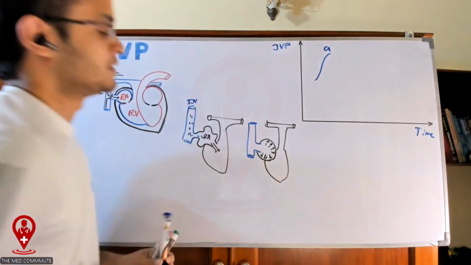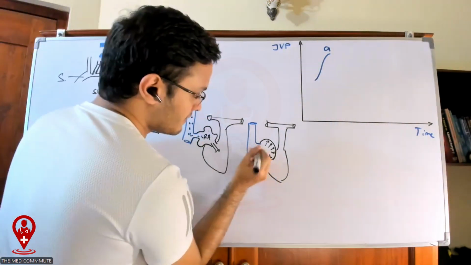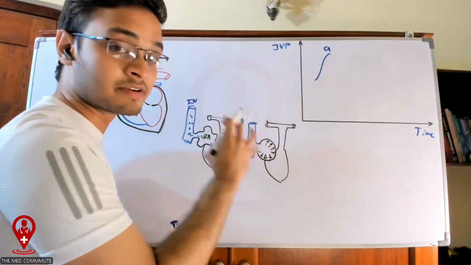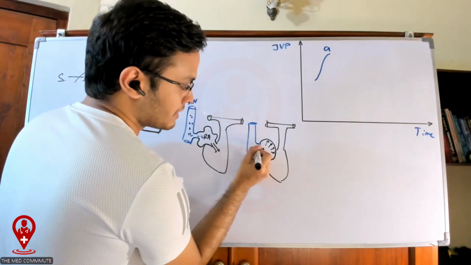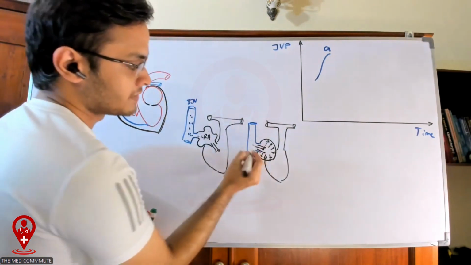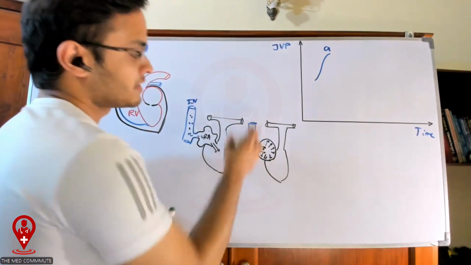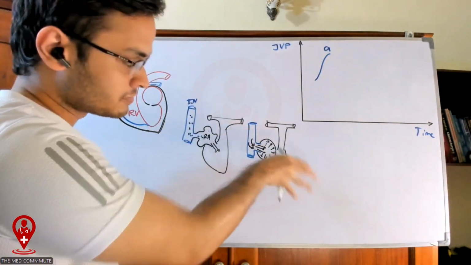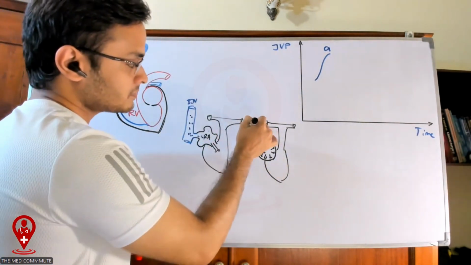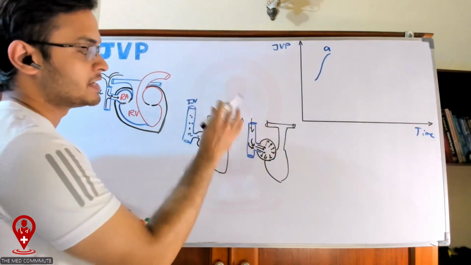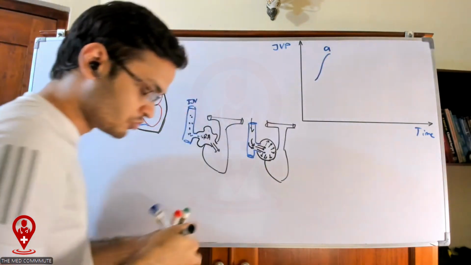This dilation is going to increase the volume within the right atrium. Therefore, there will be a gush of blood, sort of like a suction of blood from the superior and the inferior vena cavas into the right heart. Because of this, the pressure within the internal jugular vein starts dropping.